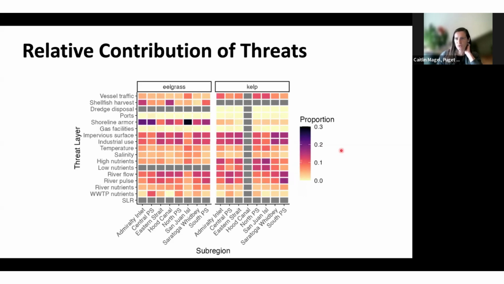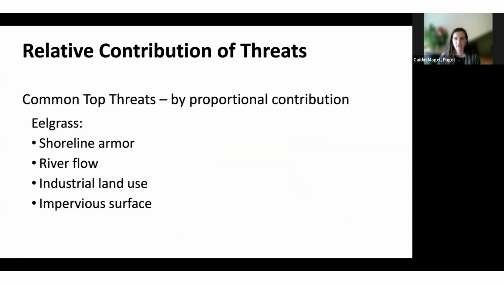In addition to differences, there were also commonalities. And one of the ways we looked at this was to rank the threats from highest to lowest contribution by subregion, and then look at which data sets seem to rise to the top within each subregion or for each taxa.